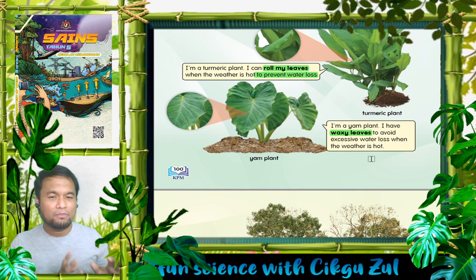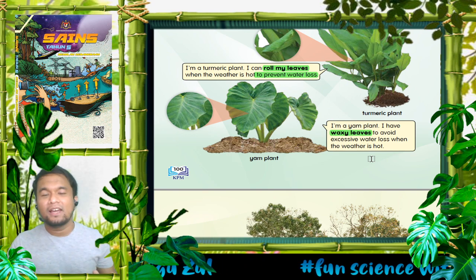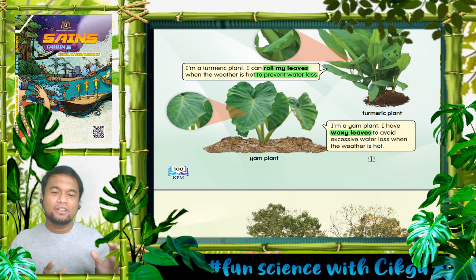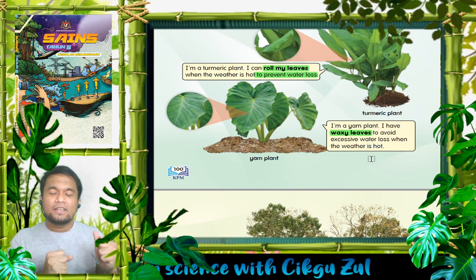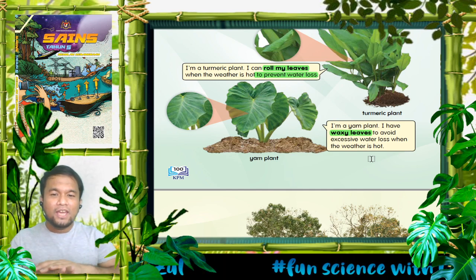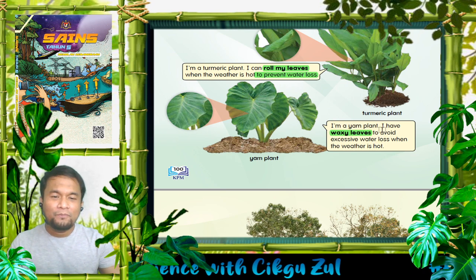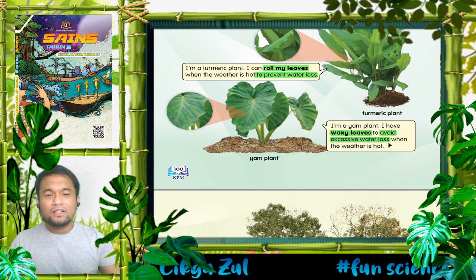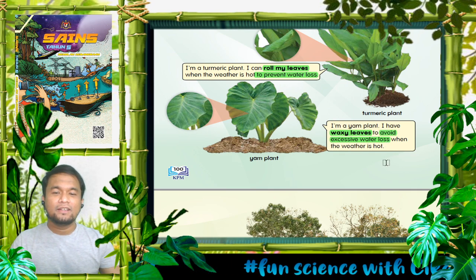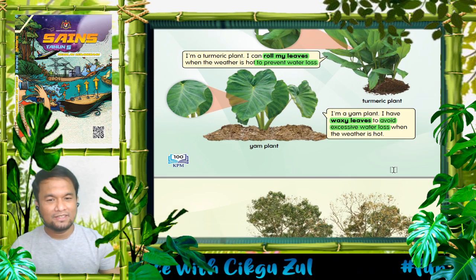The candle is made up of oil. Dia adalah dibuat daripada minyak. So the wax itself akan menyebabkan air itu dihalang keluar daripada daun itu. So this is to avoid excessive water loss. Jadilah dia kekal segar sepanjang masa.